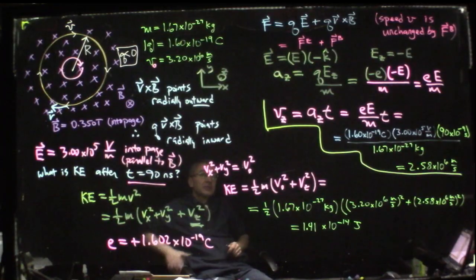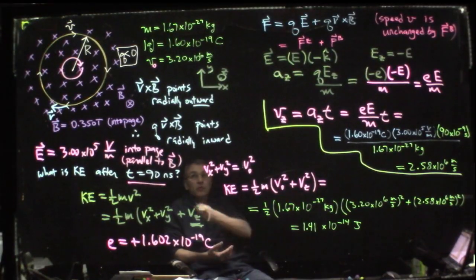So aside from the joy of plugging in numbers, where's the physics? The magnetic force is always perpendicular to the velocity. As a consequence, it never changes the speed, because you need a force parallel to the velocity to make you go faster, and a force component anti-parallel to the velocity to make you go slower.